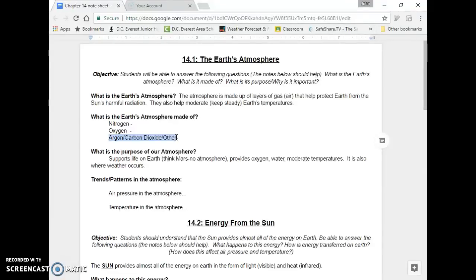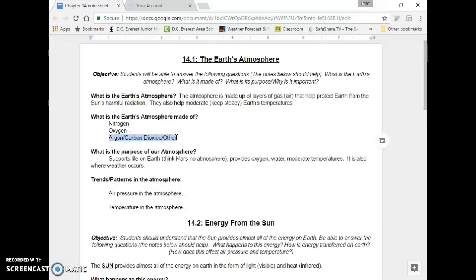Those gases absorb heat, letting less of the sun's radiation back out into space and absorbing more. And the more heat that gets absorbed by those greenhouse gases, the warmer our planet becomes.